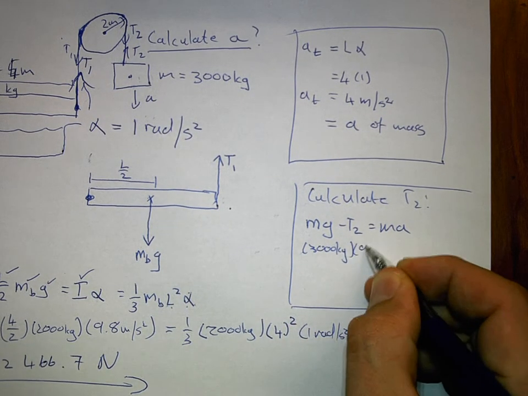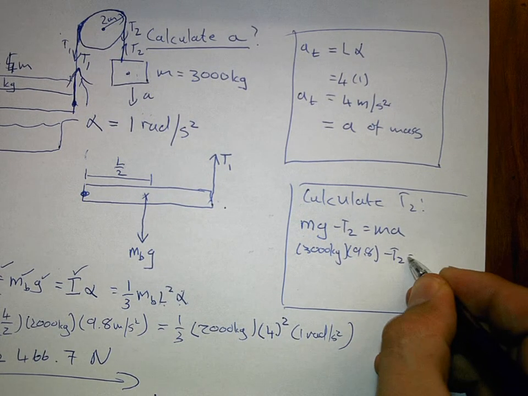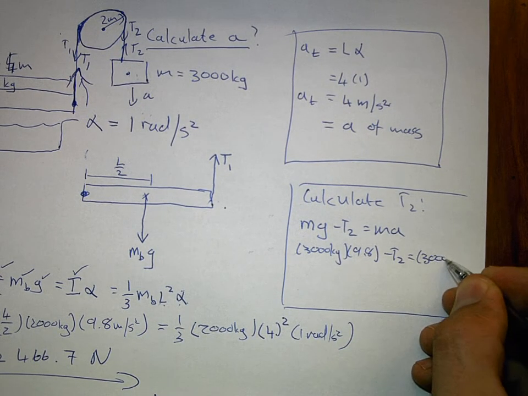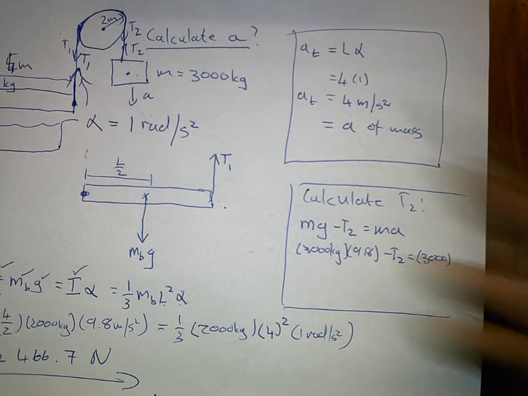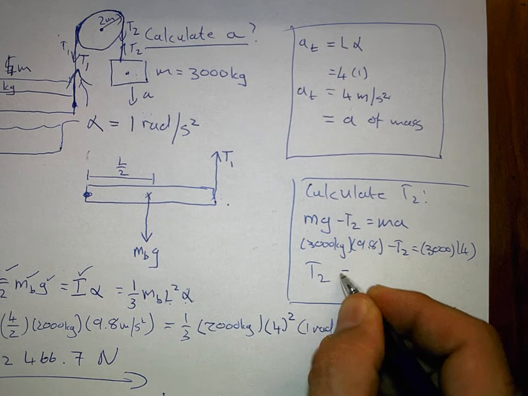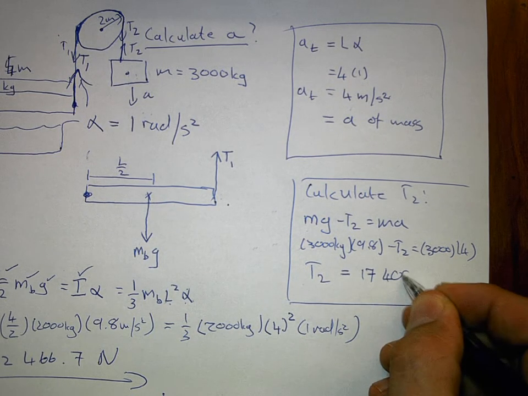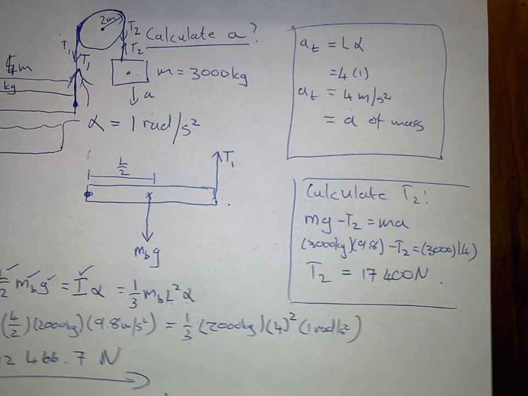G is as ever 9.8, minus this tension is equal to 3,000 times the acceleration that we just calculated, which is 4, and we can then solve for that tension, and you find it's equal to 17,400 newtons.